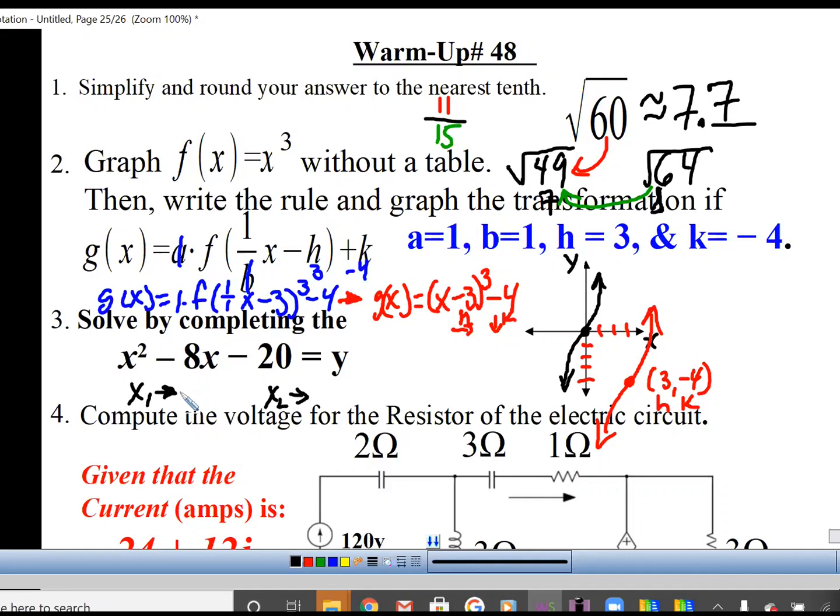Addie, X sub 1, X sub 2. I got 10 and negative 2. That is correct. Hands if you got that. Okay, good.